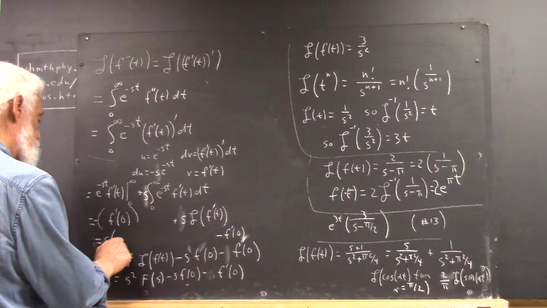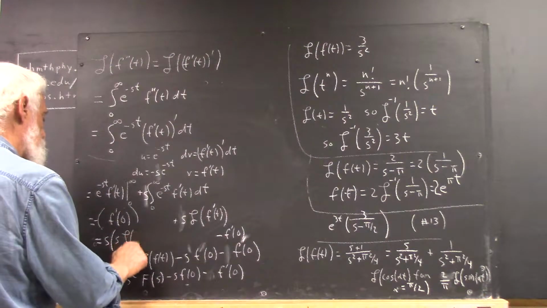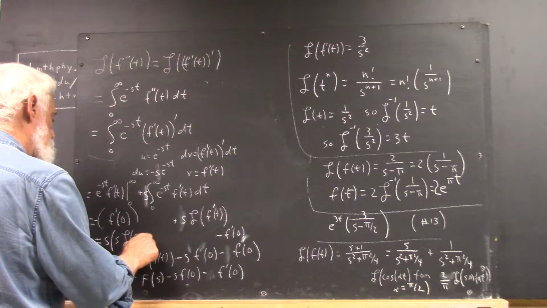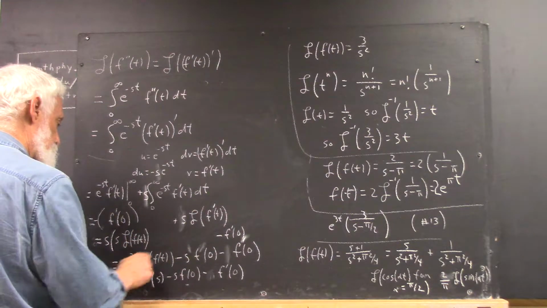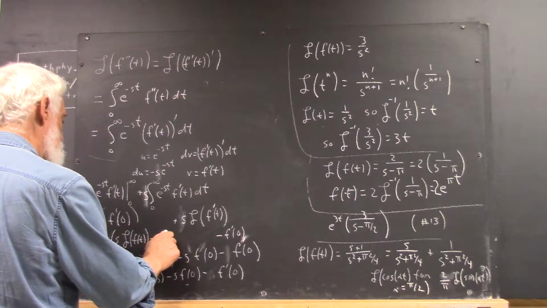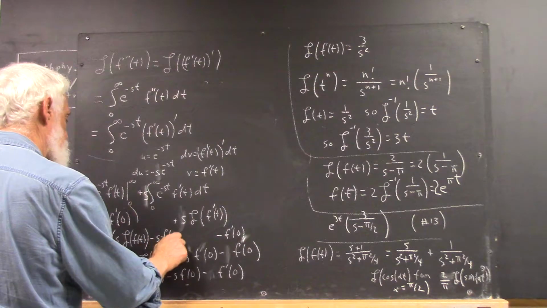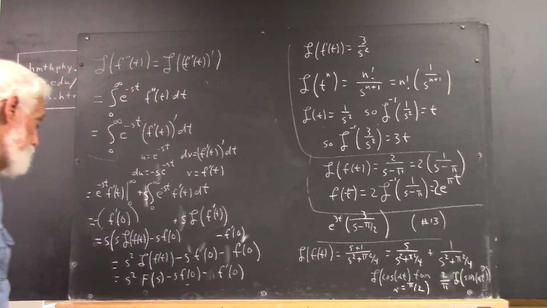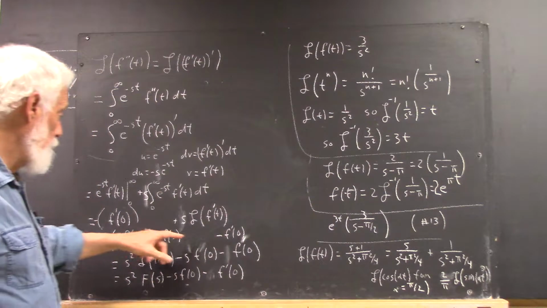That's then going to be s times the Laplace transform of f of t minus s times f of 0. And now if we multiply this out, we get this.